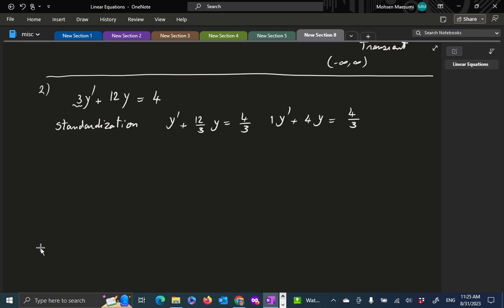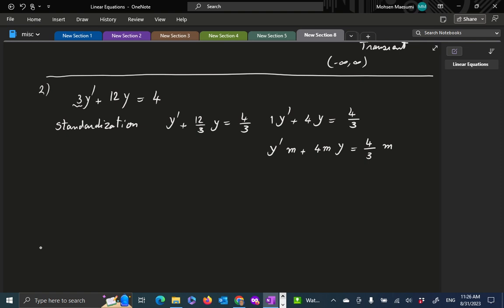I want to multiply it by something so that the left-hand side becomes a complete derivative. That thing that's going to perform this magic is going to be called the integrating factor. So I want to have y prime times something plus 4, let me put the m next to this, and a y, and the right-hand side is 4/3 of, well, there's going to be an m here.